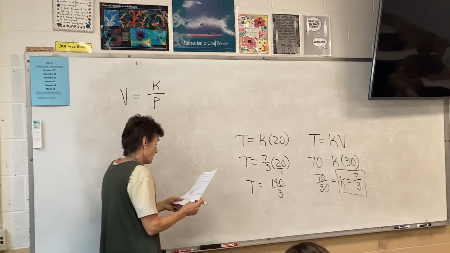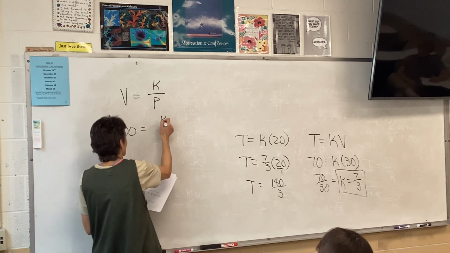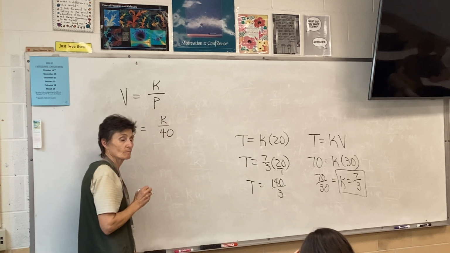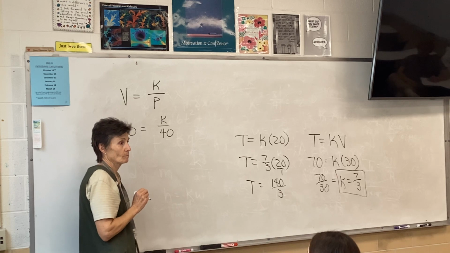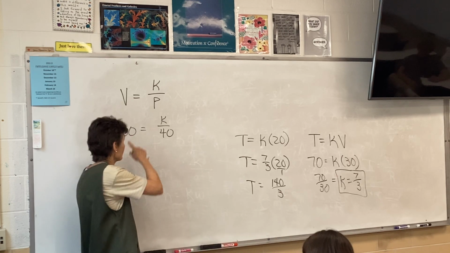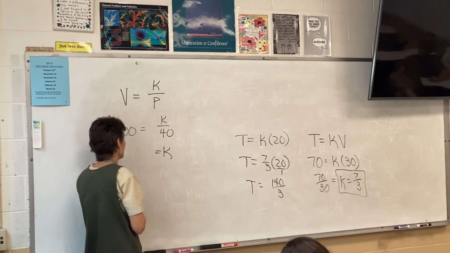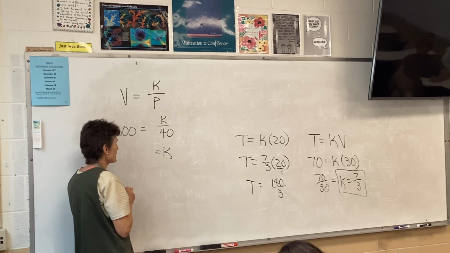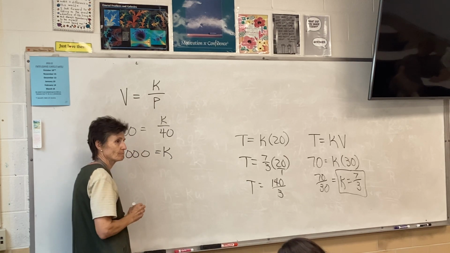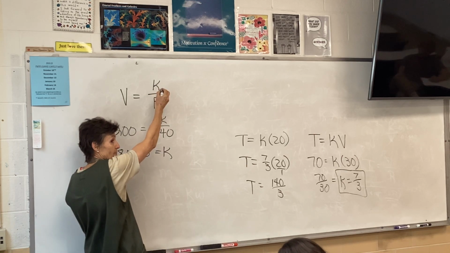All right. If the volume is 200, the pressure is 40. So what does that allow me to do now? So I can figure out that K equals 200 times 40, 8,000. Now, that's this number right here, right?